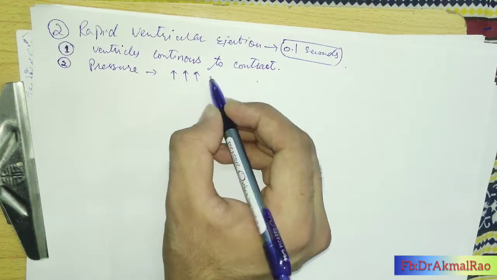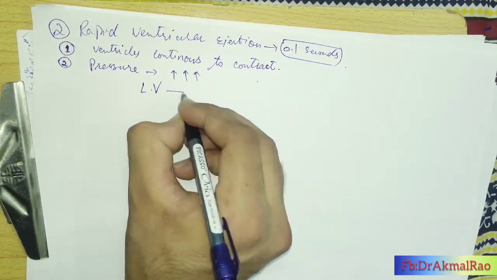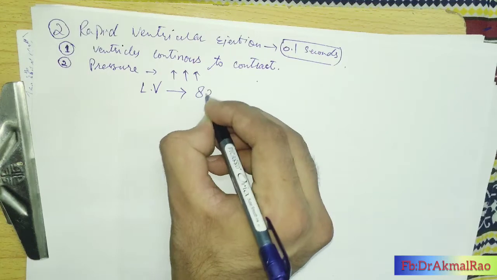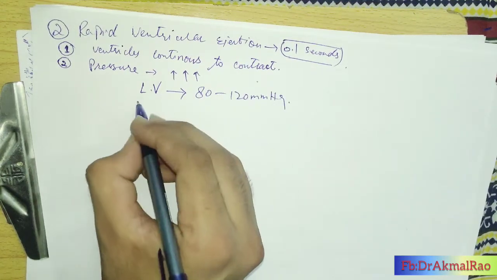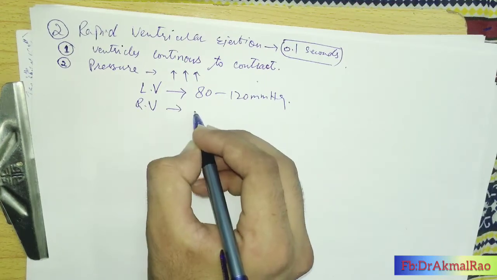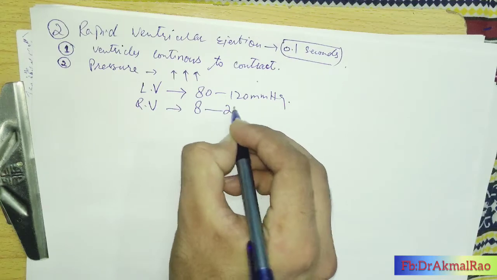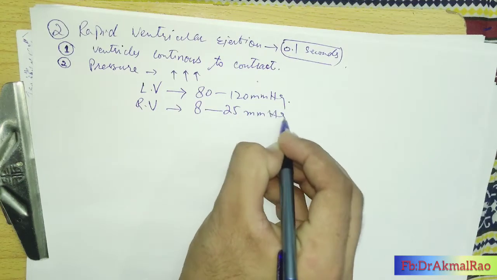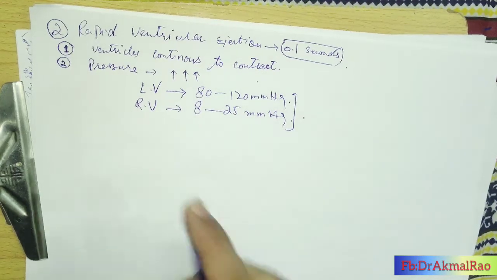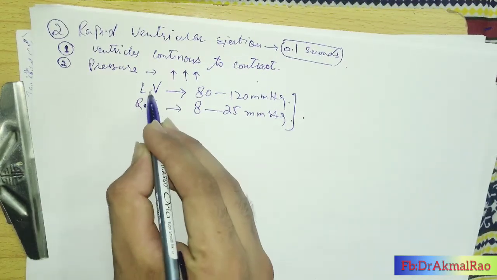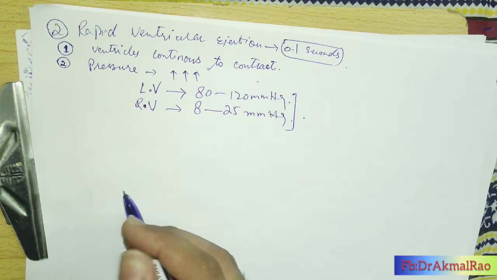You can say that for the left ventricle the pressure will be 80 to 120 mmHg, and for the right ventricle it is nearly 8 to 25 mmHg. This is for normal, because we are not reading pathology, so we will talk about the normal things.